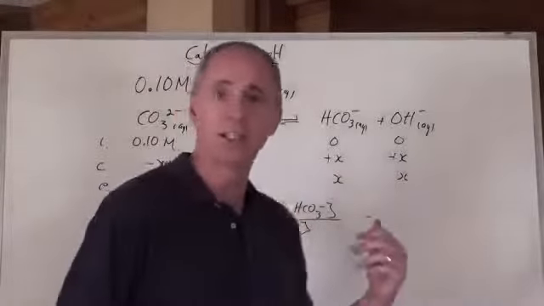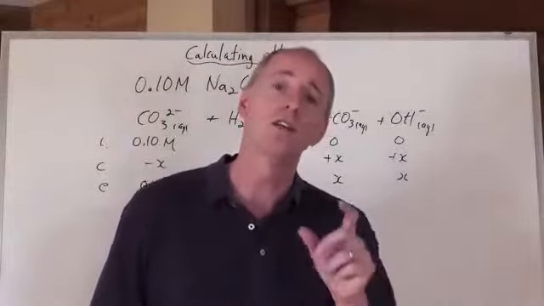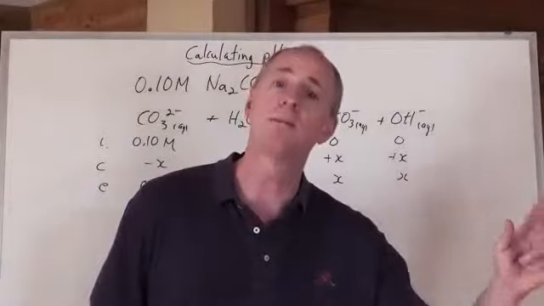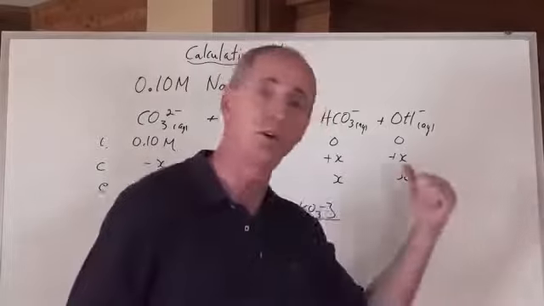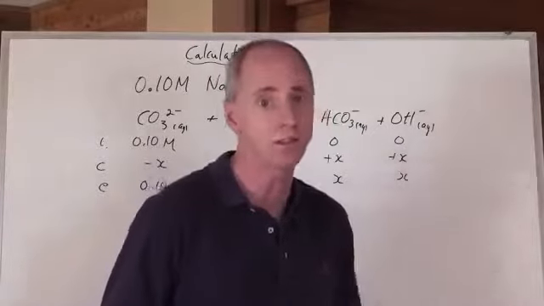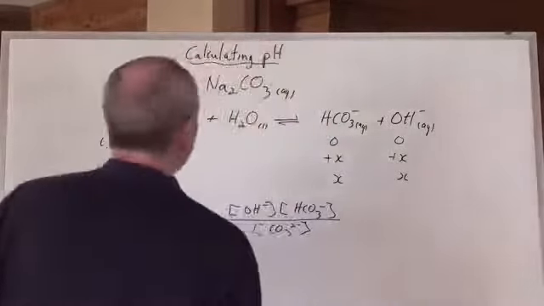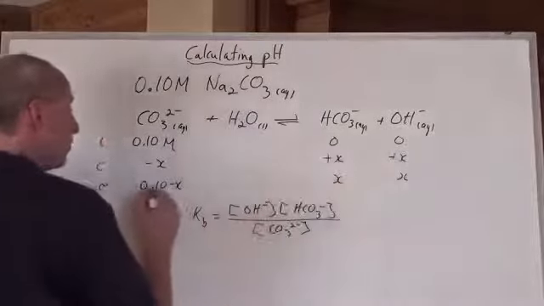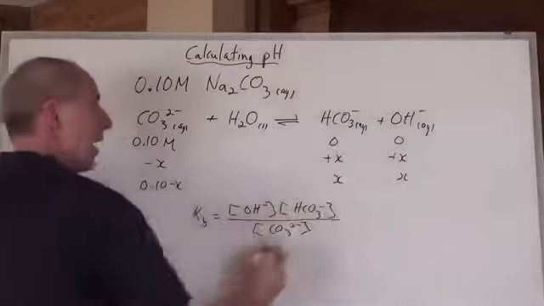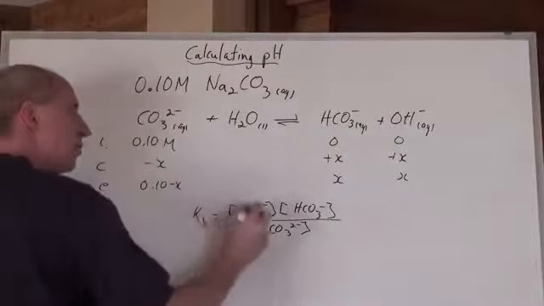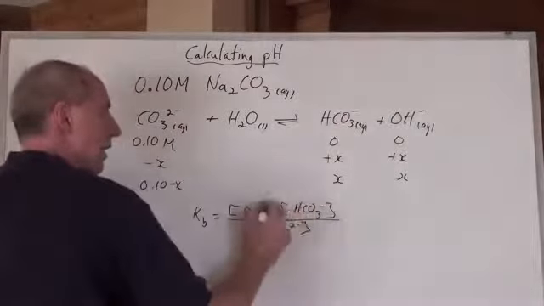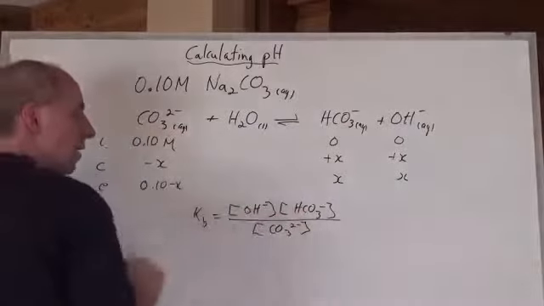If you don't remember this ICE box stuff, you have to go to the equilibrium lessons, because you have to do equilibrium chemistry first before you can calculate pHs of weak acids and weak bases. So we have 0.1 minus X, X and X. So the Kb, because that's the base, equals the hydroxide times the bicarbonate divided by the carbonate ion.